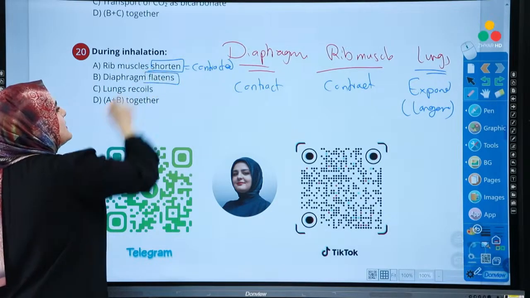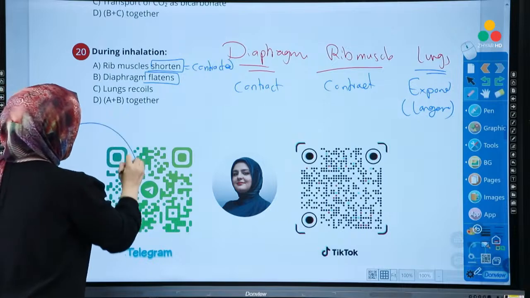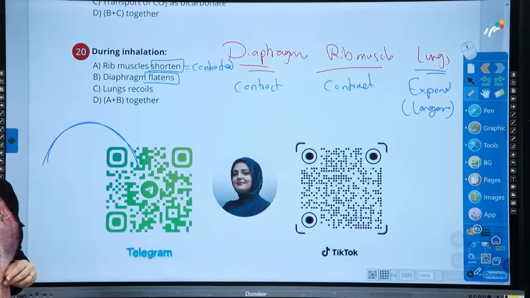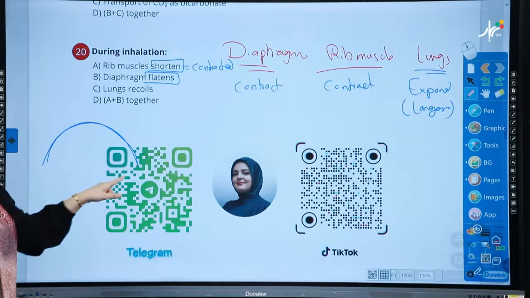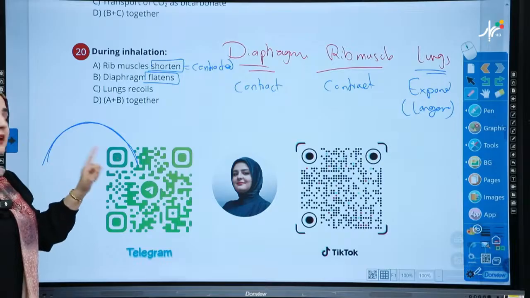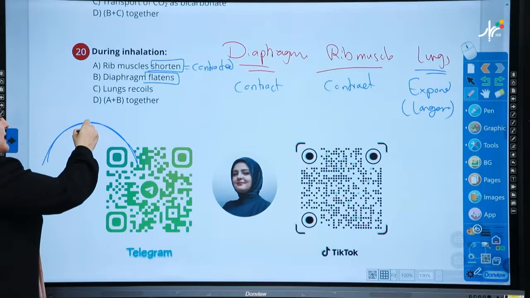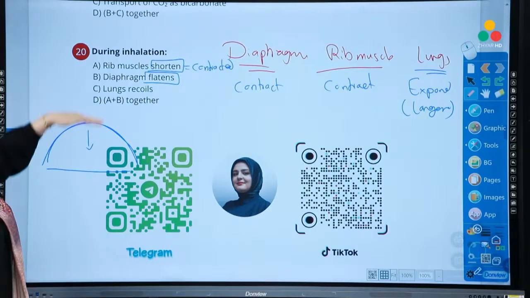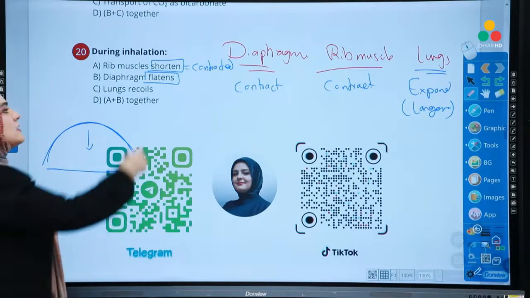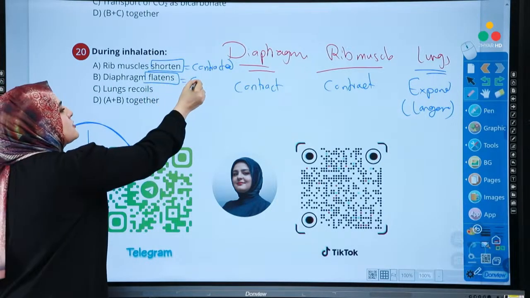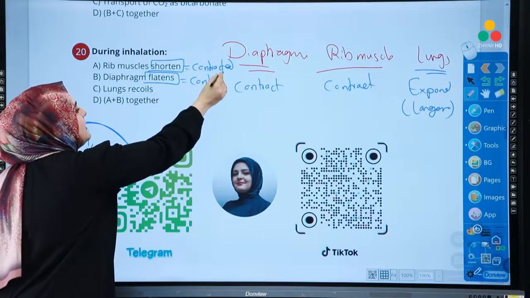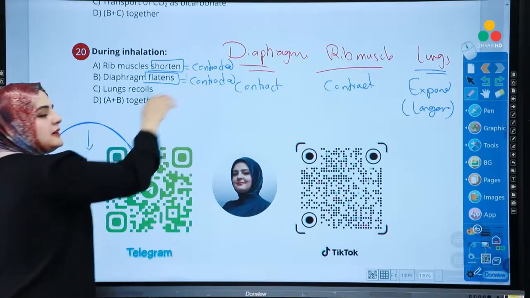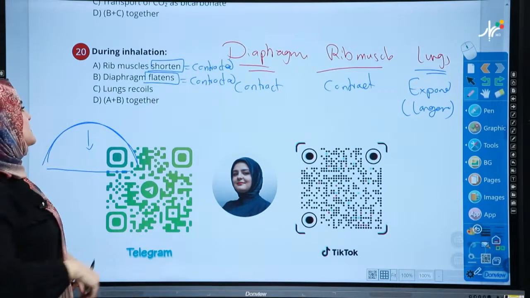The diaphragm usually has a curved shape like that, and this is the relaxed state. We call it dome shape. But when the diaphragm contracts, this comes down and becomes flatter, creating more space vertically. So when you say flattens, it means contracted. You can notice that these two contract together, so they relax together as well.